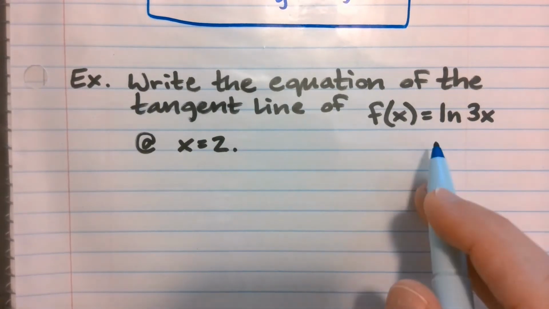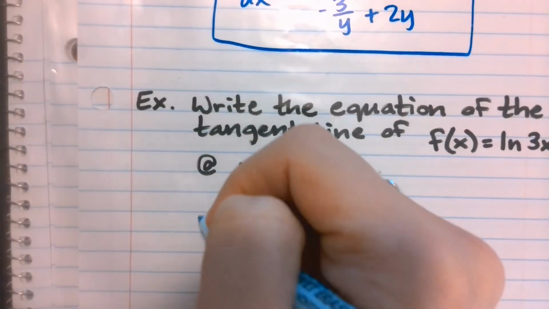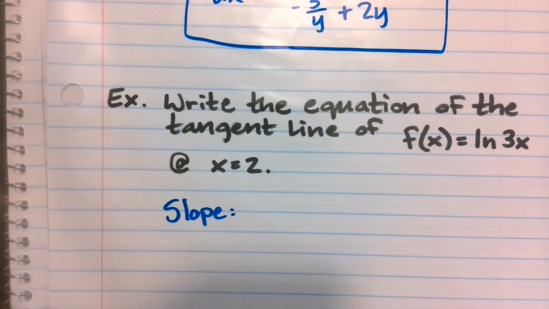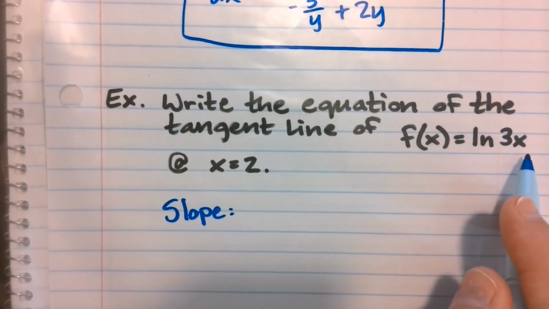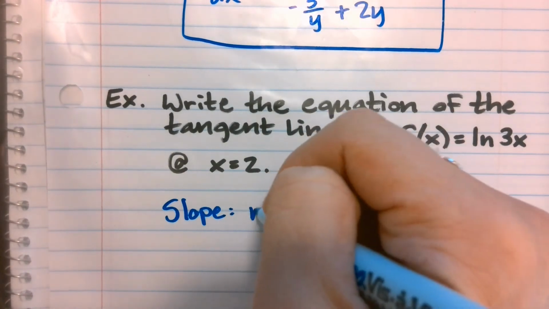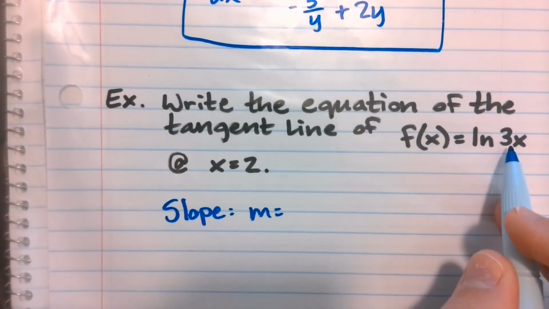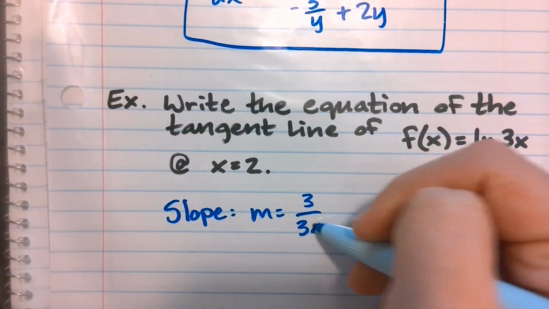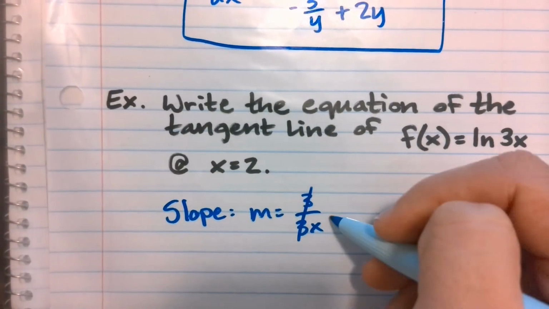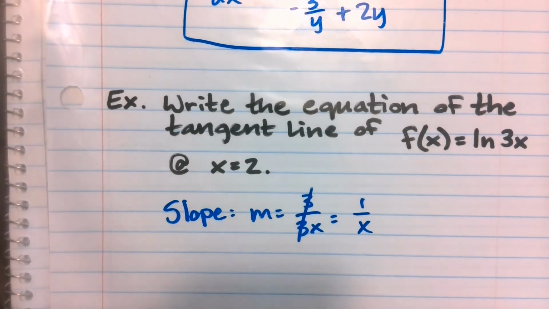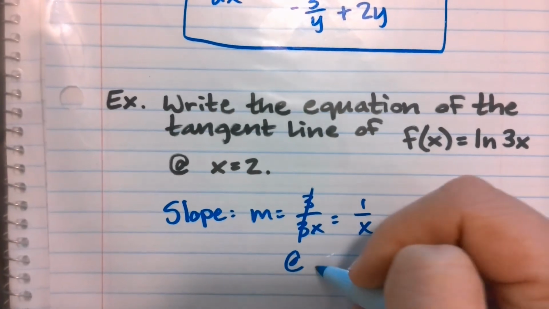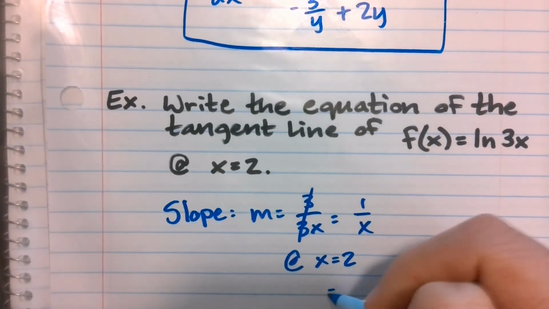So in order to find the slope, I want to go ahead and take the derivative of my natural log of 3x. So I've got my derivative of 3x over 3x. So this is kind of interesting because those cancel and ends up being 1 over x anyway. So my slope at x equals 2 is going to be 1/2.